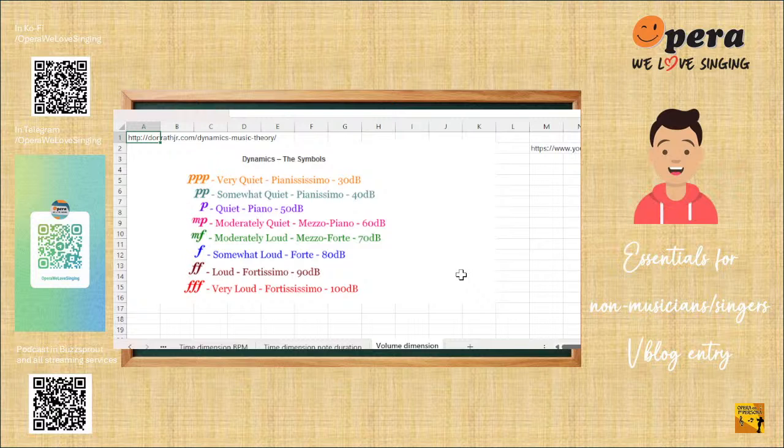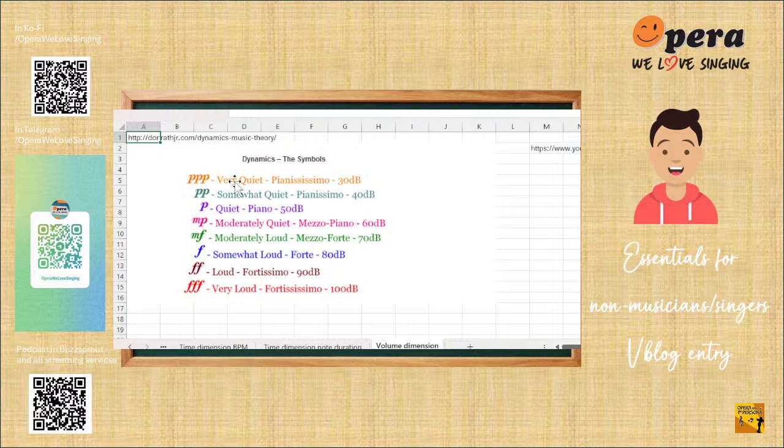Of course, there are many, but the reason why I liked it is basically two things. One, it has different colors so that you can differentiate between each of these dynamics, and also because it includes what is expected to be the measurement in decibels, which we are going to talk about very shortly. So there is also a description of how it is supposed to be understood.